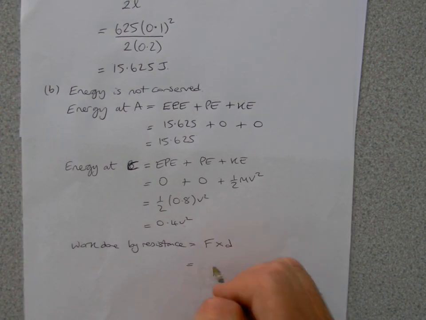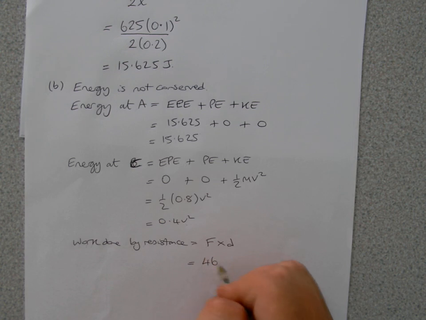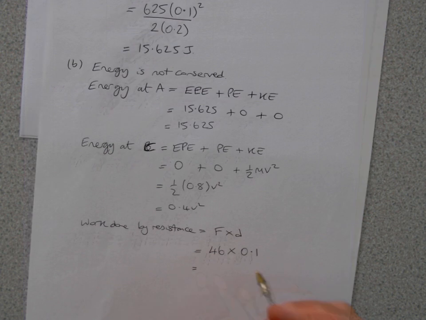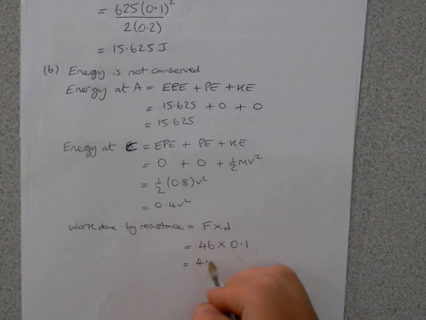The force in this case is a constant 46 newtons. The distance the piston has travelled in that time will be 0.1 meters. Working that out, I get 4.6 joules. So there's been a loss in energy of 4.6 joules, because there's been a resistance to motion.